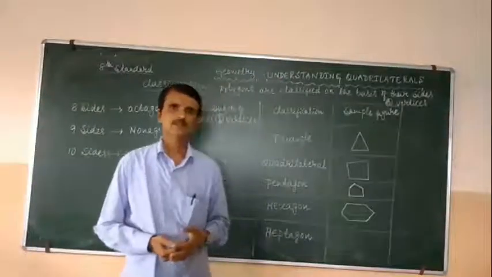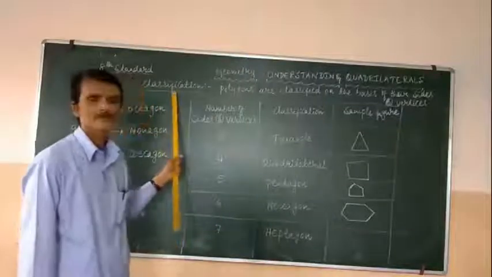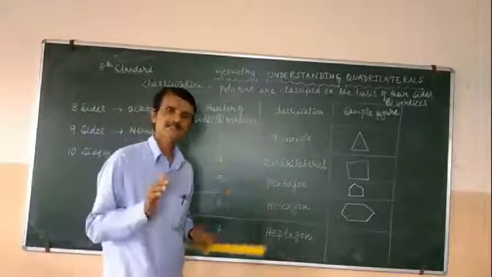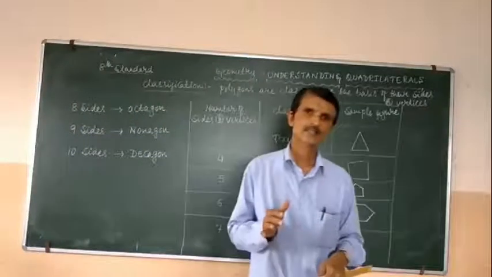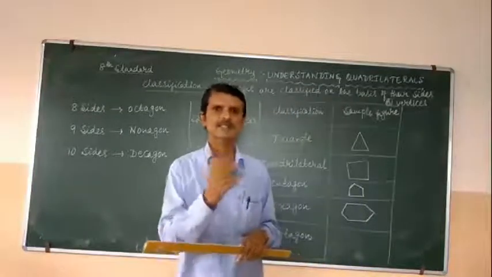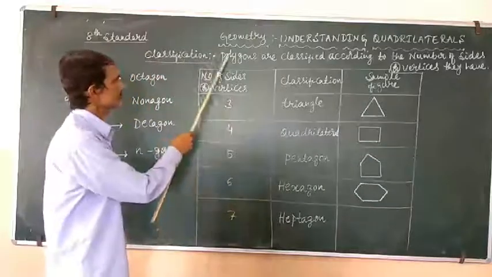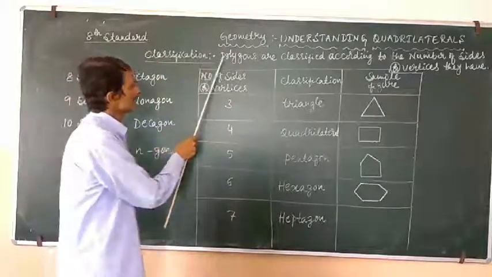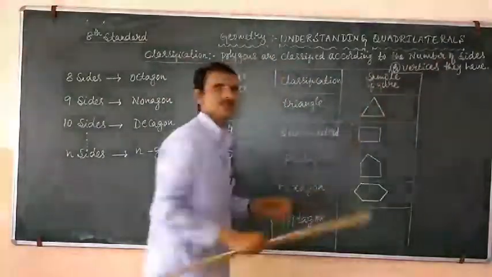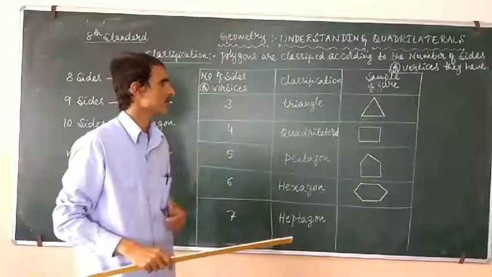Students, now we shall see the classification of polygons. Polygons are classified on the basis of their sides, depending upon the number of sides. Polygons are classified according to the number of sides they contain or the number of vertices they have.